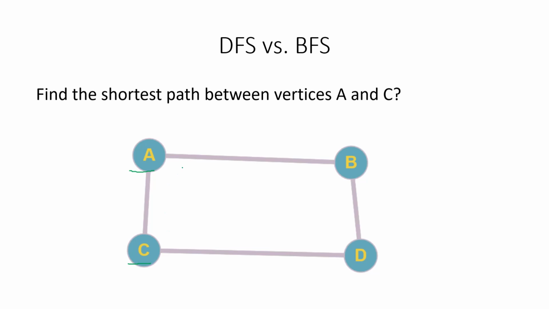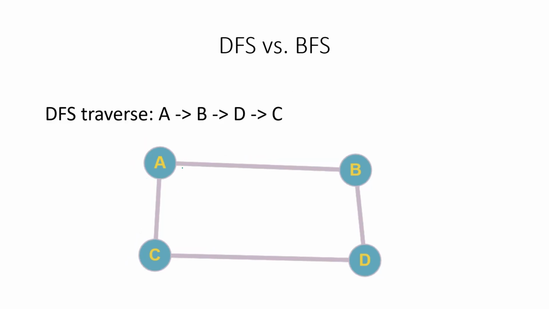undirected graph, and we need to find the shortest path between A and C, right? Let's take a look at what DFS would do. So DFS, for example, let's start with A, then it would go to B, then to D, and then in the end it would find C. And DFS would think that the shortest path is like this one.